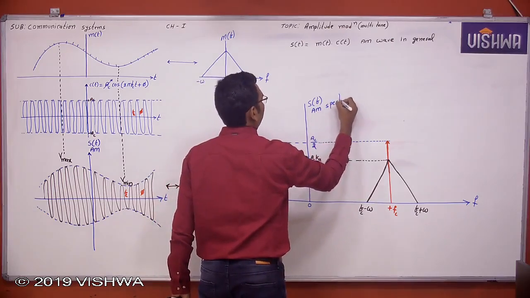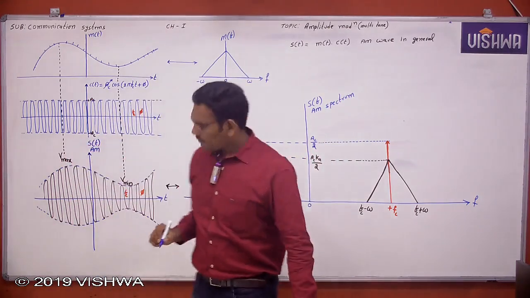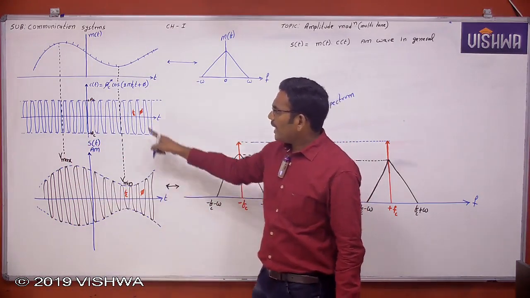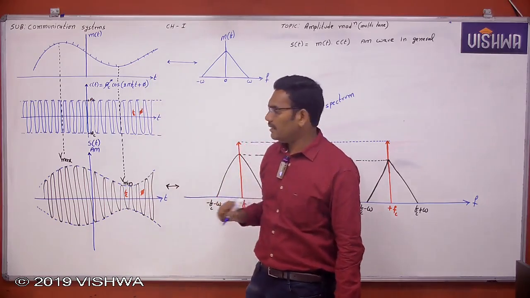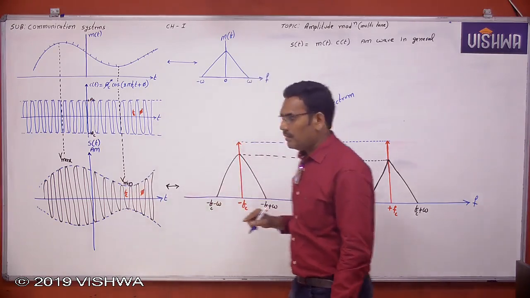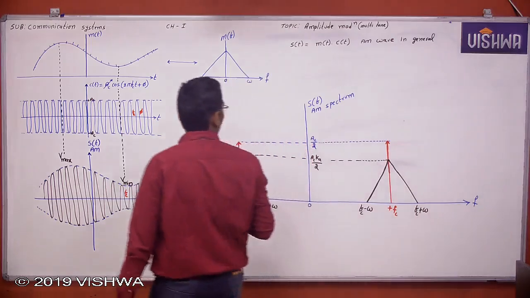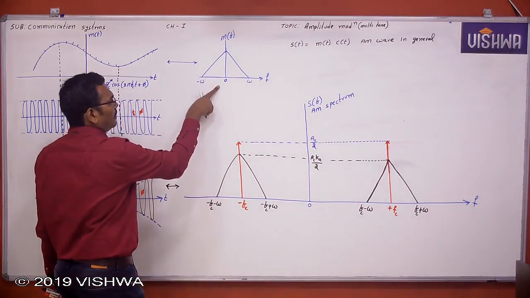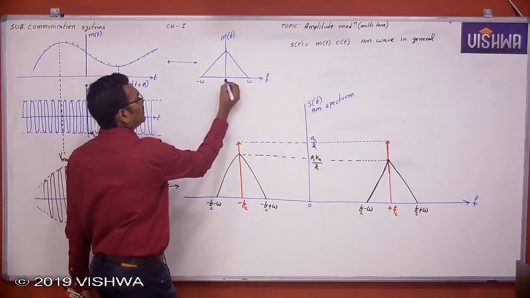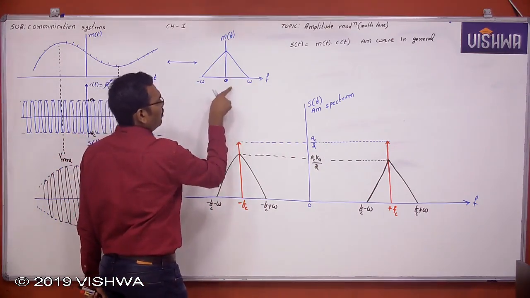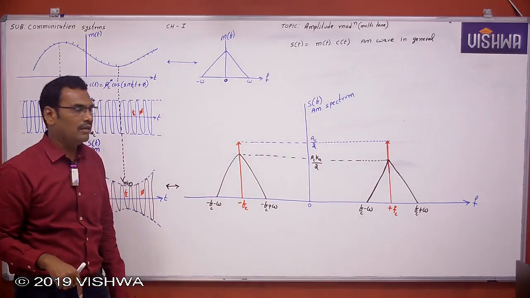The carrier's characteristic parameters changed in accordance with the message signal is called amplitude modulation. But now here, the low frequency information is transformed to high frequency, and that is called modulation. This is the modulation definition in frequency domain.